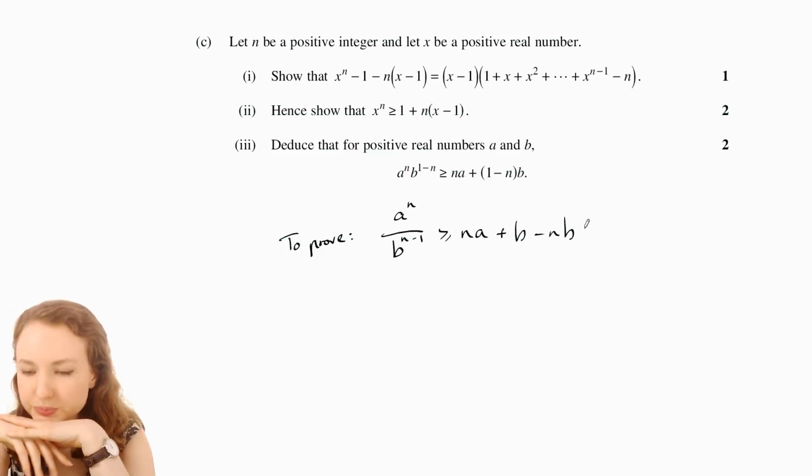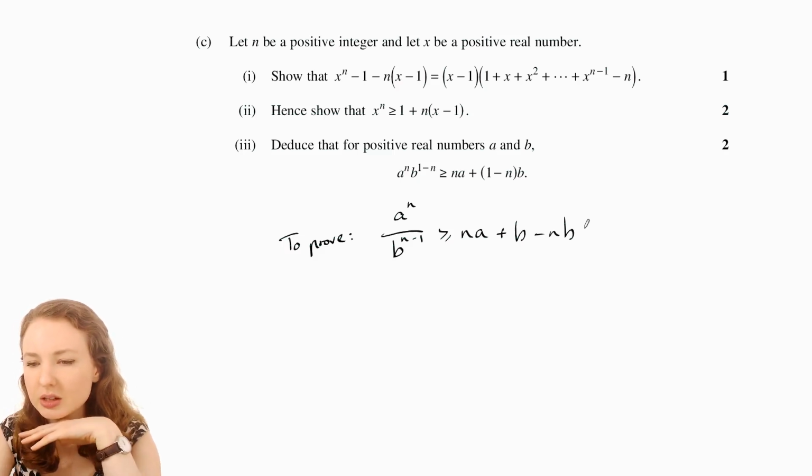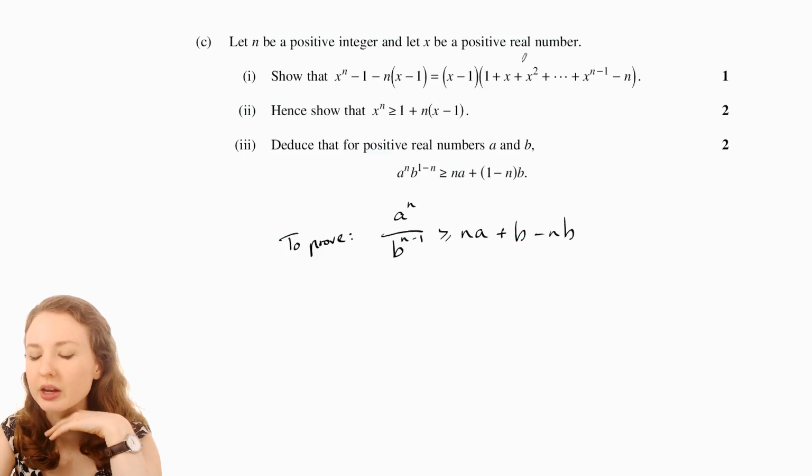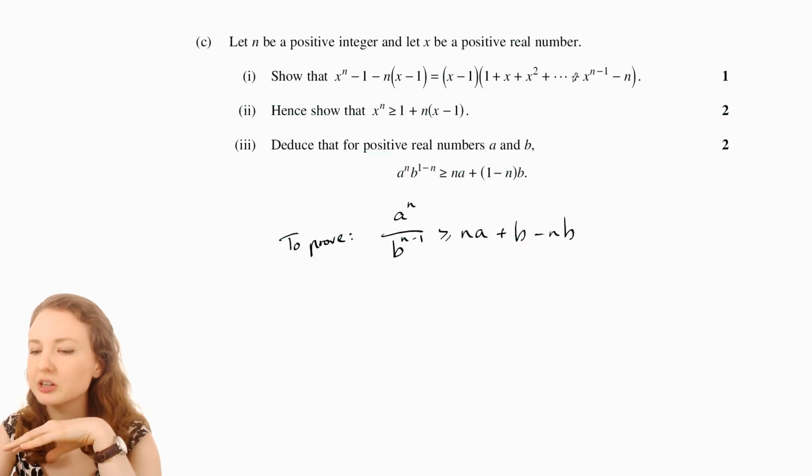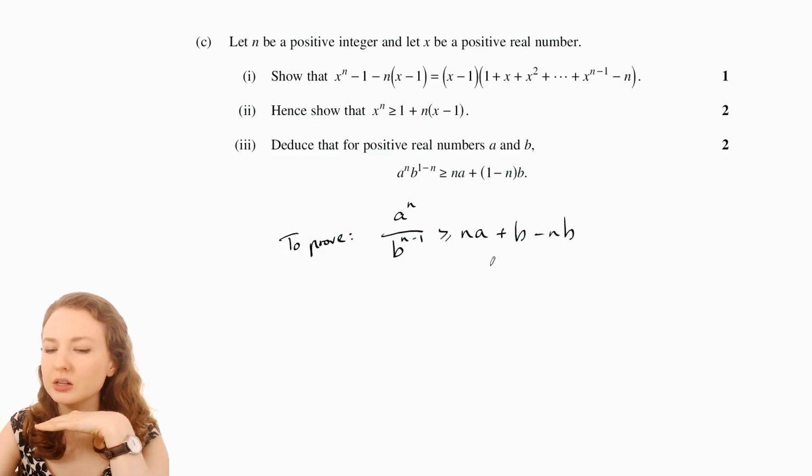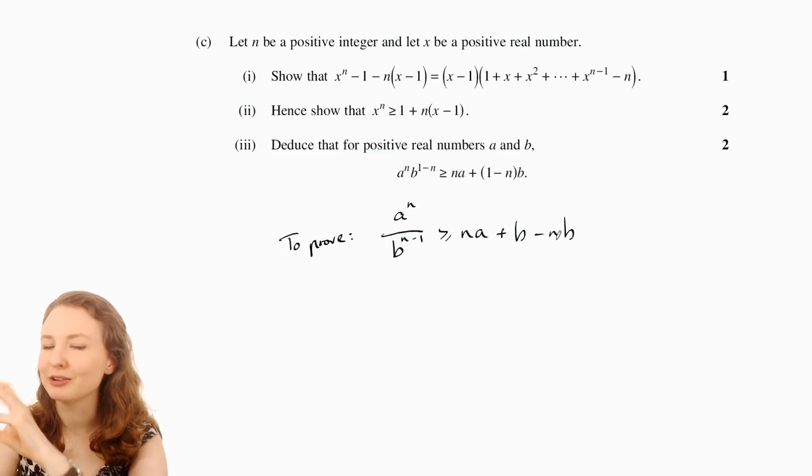Now the way that I actually figured it out was a bit weird. I was sort of trying to apply the same trick that I did here with factorization. I thought that if I shifted stuff around then it might factorize somehow.